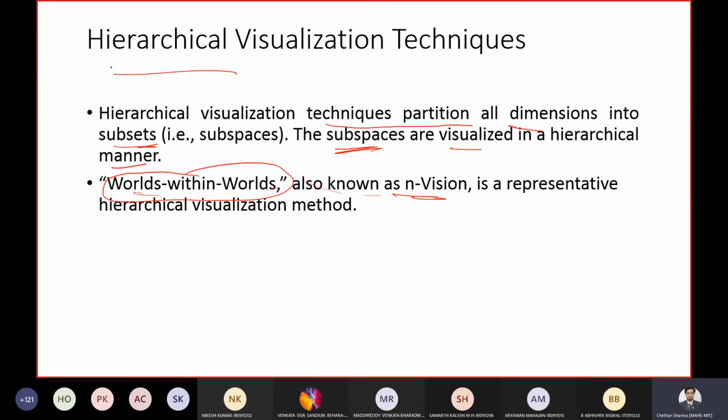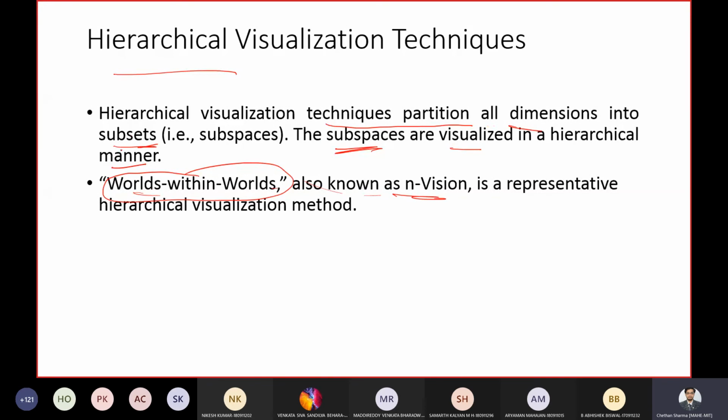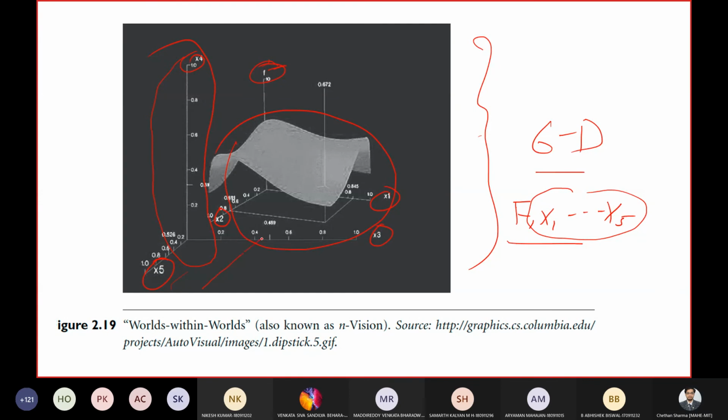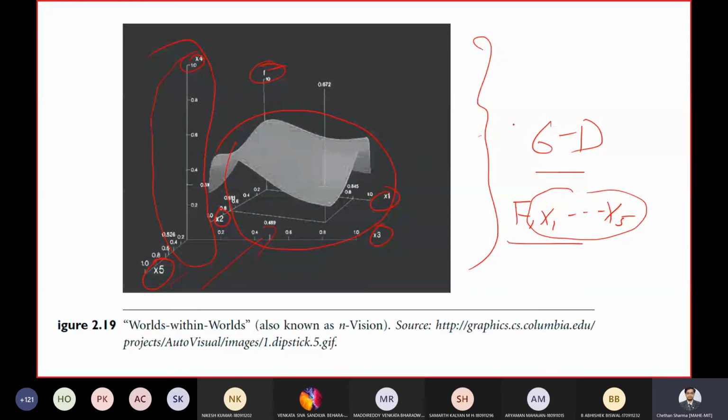It represents a hierarchical vision where the dimensions are partitioned into smaller subsets, and the subsets are visualized in a hierarchical manner. So this example gives you a 6D data set, or a data set with 6 dimensions: f and x1 to x5. If you want to observe how the value of f changes with respect to the remaining 5 dimensions, you can plot this N-vision and observe. Okay.